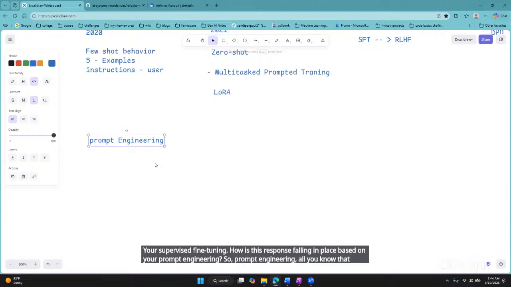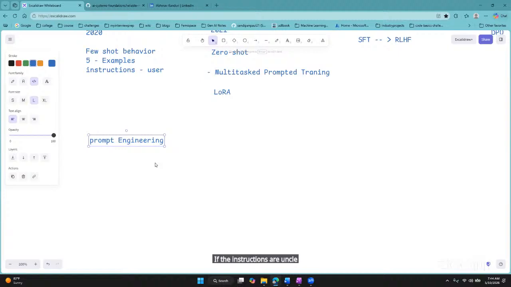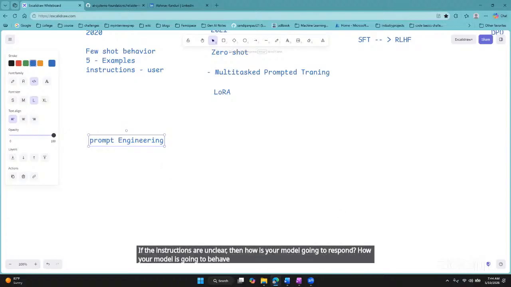In prompt engineering, you provide a set of instructions as a prompt to the model. If the instructions are unclear, how is your model going to respond? How is your model going to behave? These are the things you need to understand in prompt engineering.